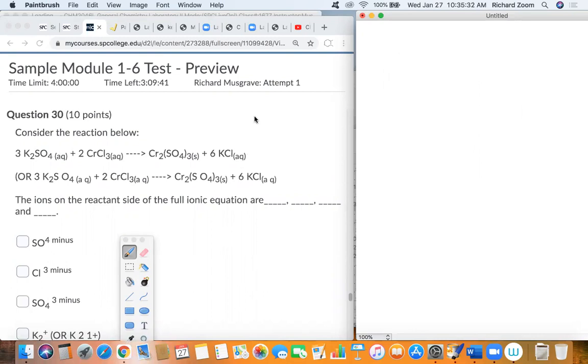So if you've got K2SO4, I'd want you to be able to split that up and say that's 2 Ks and SO4. And we've got CrCl3, which would be 1 Cr and 3 Cls. All we're interested in is the ions on the reactant side of the equation, the ions on this side of the arrow.